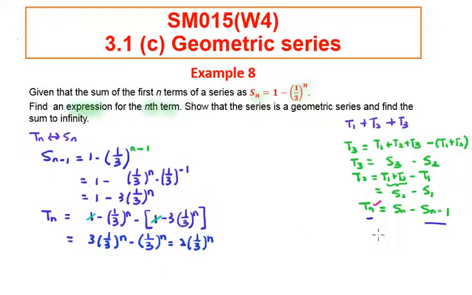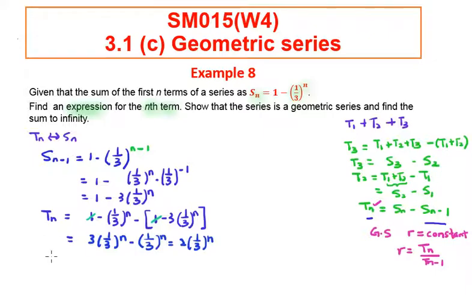Next, to show that it is a geometric series, we have to show that r is a constant, where r is equal to Tn over Tn minus 1.